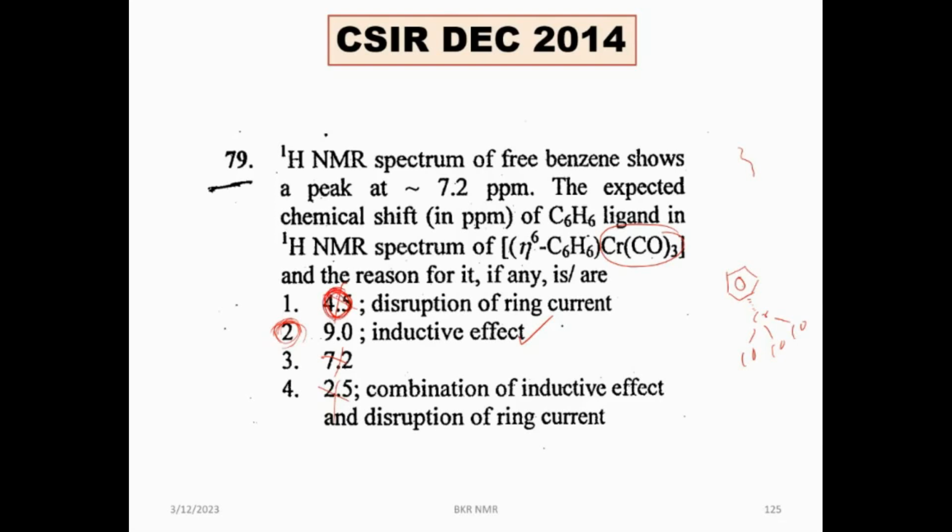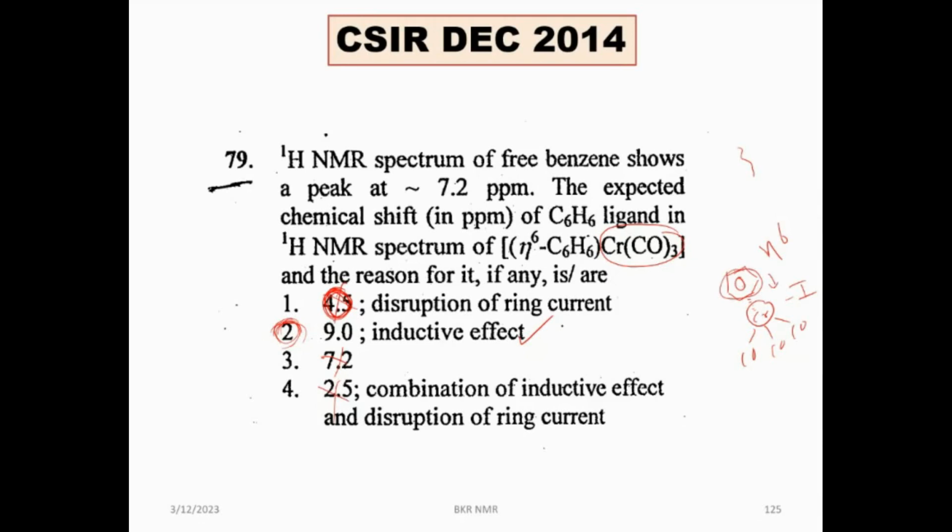Is 4.5 really not possible? This chromium has a hapticity of 6. So you have back bonding, ligand to metal back bonding. In the metal-ligand bond, the electrons are going to the metal. So the chromium is withdrawing the electrons away from the benzene ring, like a minus I effect, not plus I. So the electron density around the benzene ring is decreasing.